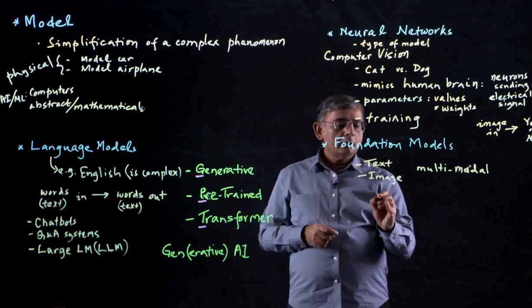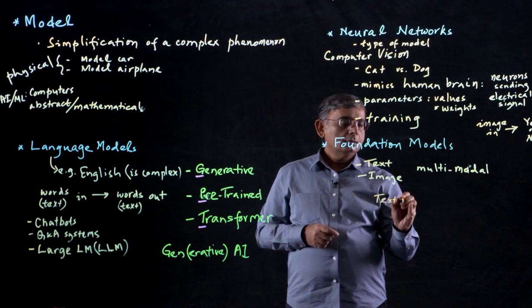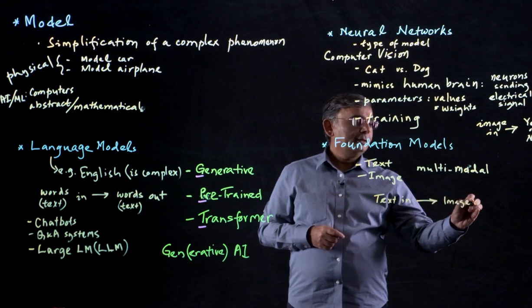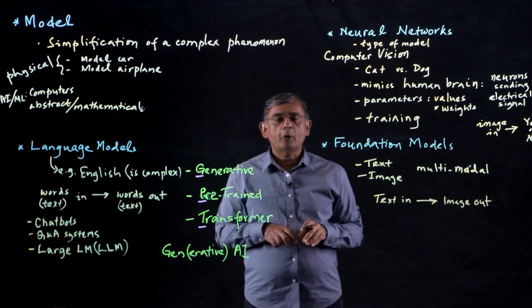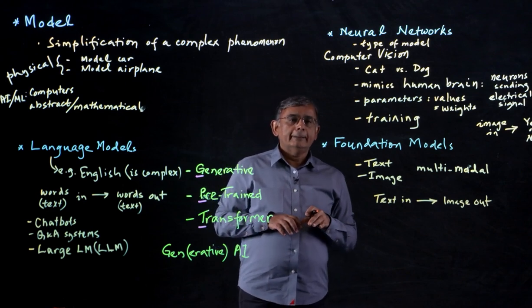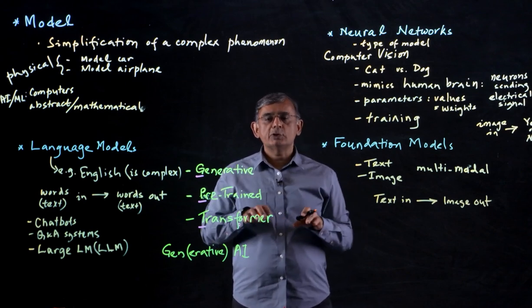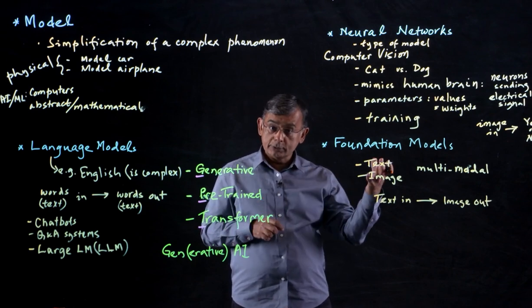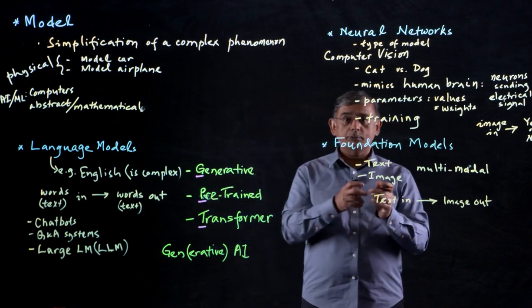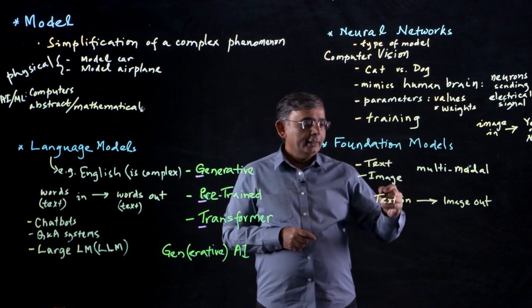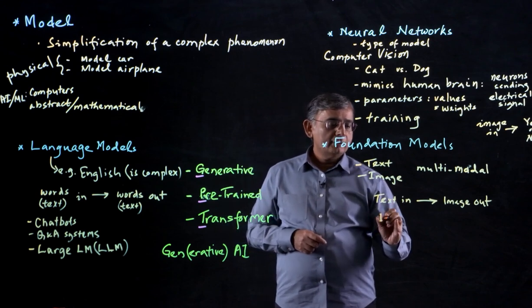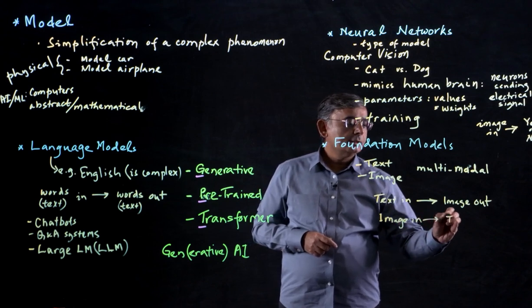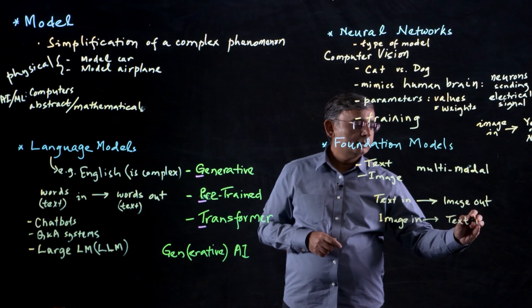And you could talk about text in, image out. So this is where you have the ability to provide a prompt saying, draw me a unicorn traveling in space, wearing a helmet, eating an ice cream or something like that, and out comes an image that basically captured those words. Text in, image out. There is also the reverse, where I supply an image and say, describe to me what's shown in this image.